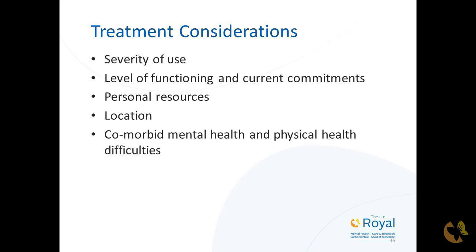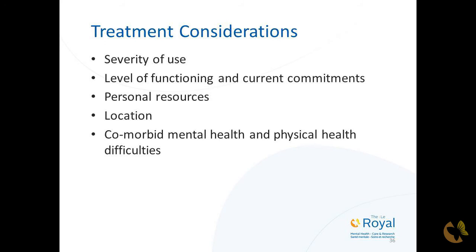So, sometimes residential treatment, inpatient, that's not an option for folks because they have other stuff that they need to do each day. We're looking at personal resources. Do people have the finances to potentially engage in some fee-for-service care, or maybe people do not? What are people able to do? Location, what does transportation look like for folks? Can you go out to Orleans to get service if you live in Smiths Falls?